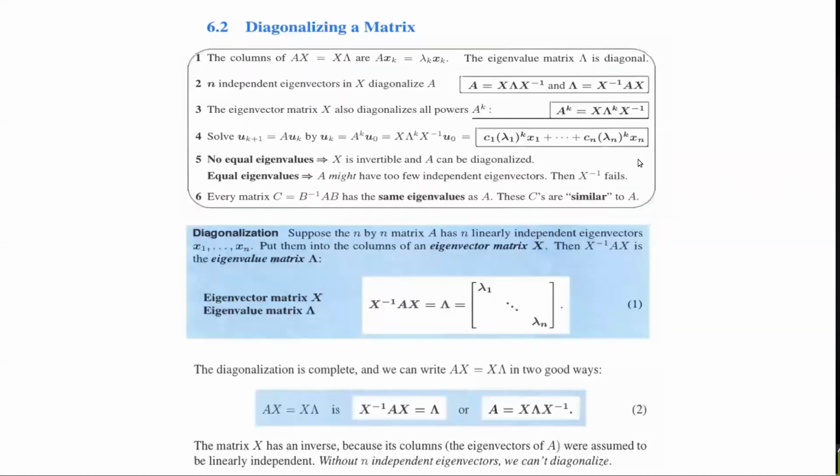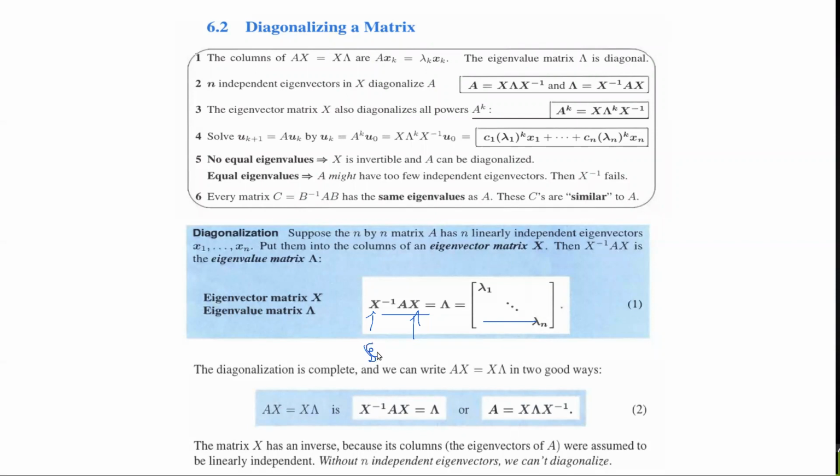Oh, sorry, guys. Okay, so we got to the decomposition of a matrix A into a diagonal matrix. And we said that the matrices that do the decomposition, X inverse and X, hold the eigenvectors.